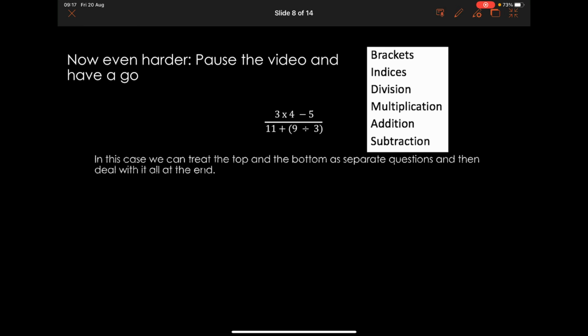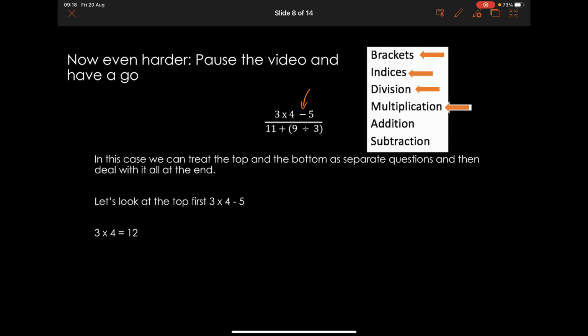So in this case, what we're going to do is treat the top and the bottom as if they are separate questions, and then we'll deal with it all together at the end. So we're going to first look at the top section, the 3 times 4 minus 5 bit. We've not got any brackets or indices or division. The first thing that we come to is multiplication.